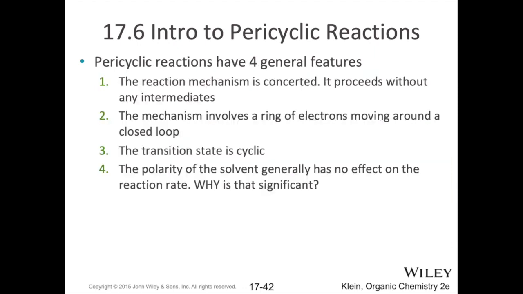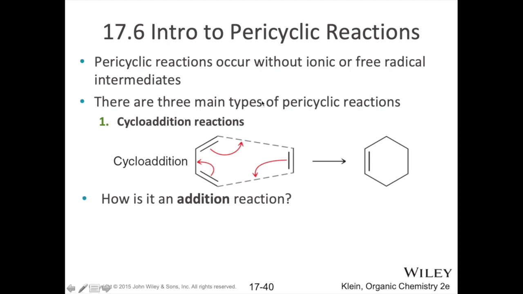If we go back to a cycloaddition, notice that we are forming 2 sigma bonds over here. Out of our 2 reactants, we have started off with 3 pi bonds. Our product has only 1 pi bond. So essentially we are losing 2 pi bonds, but we're adding 2 sigma bonds.